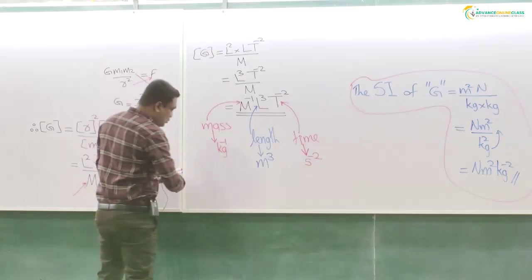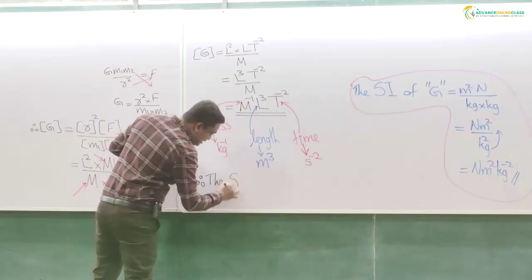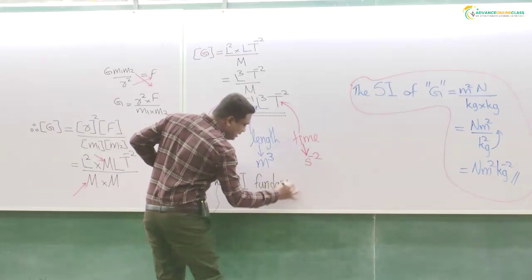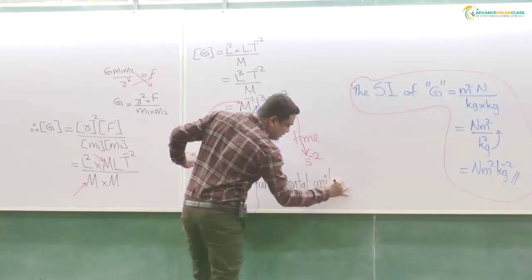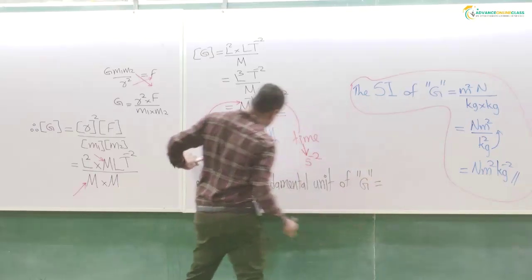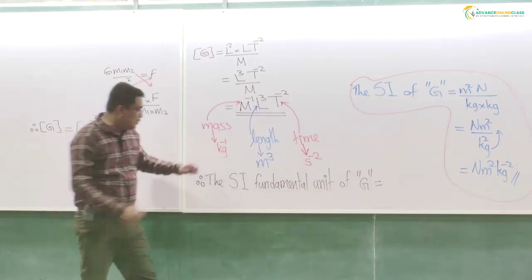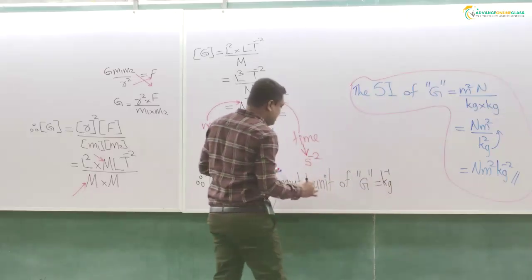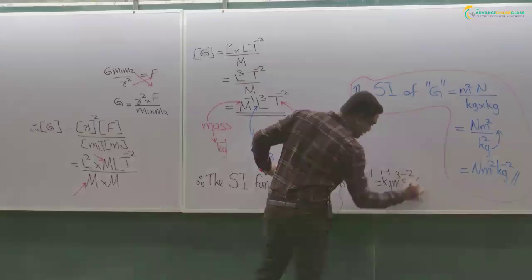Now we have reached our target. Therefore, the SI fundamental unit of capital G is kilogram to power minus 1, cubic meter, S to power minus 2.